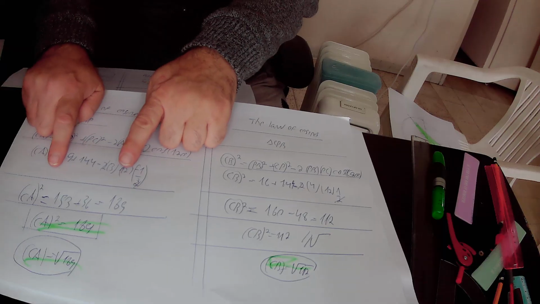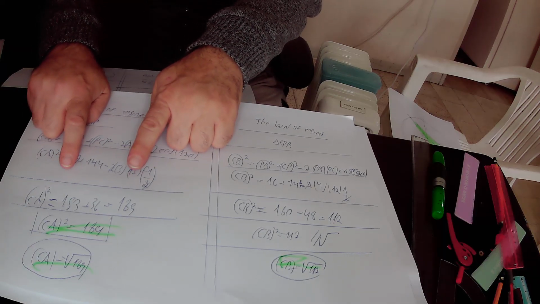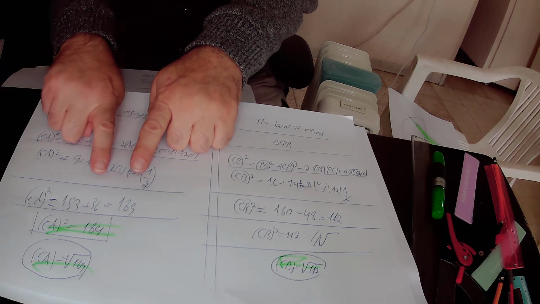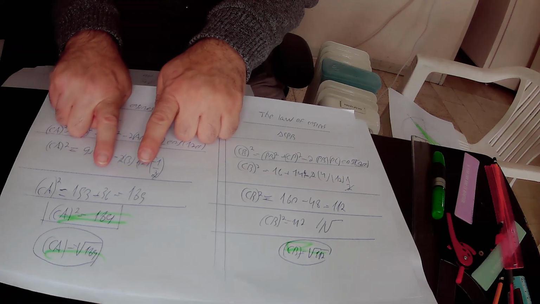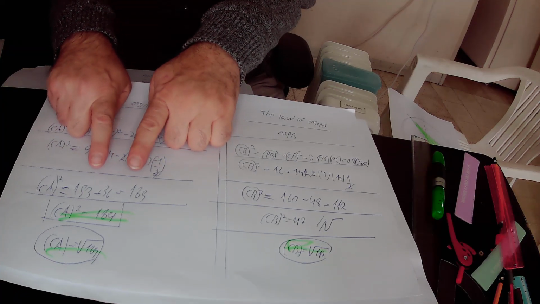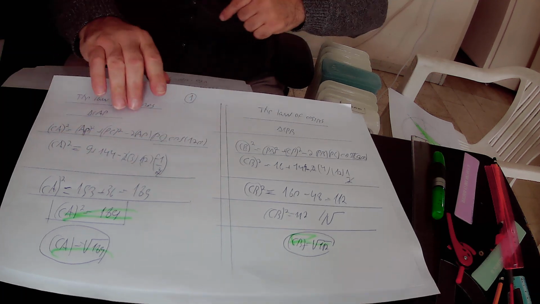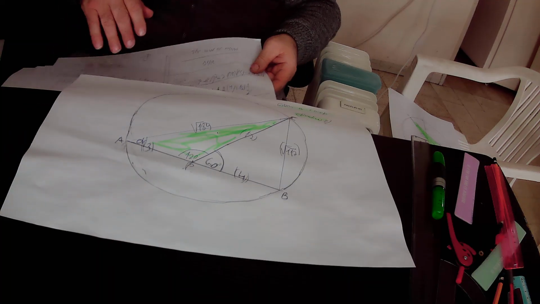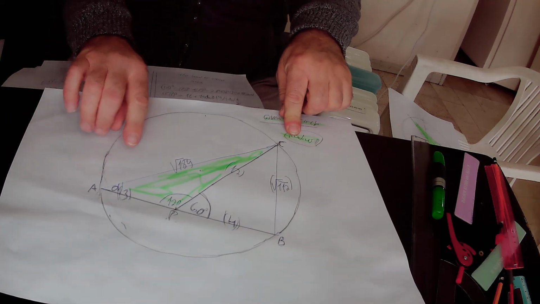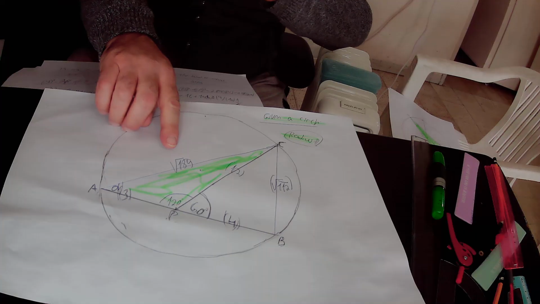So CA squared equals 153 plus 36, that is 189. CA squared equals 189. Taking the square root, we find that the length of side CA is equal to the square root of 189 units.